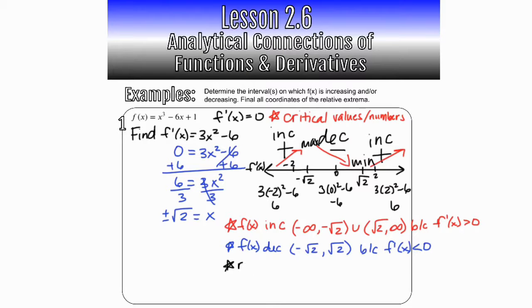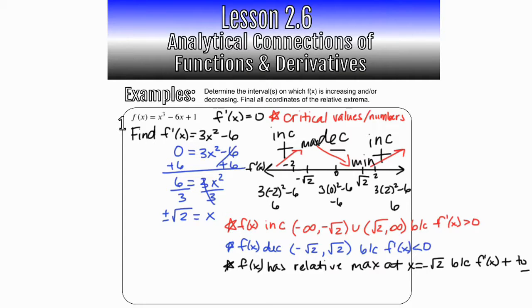Let's say f of x has a relative max at x equals negative square root of 2. And why is that? Well, that's because f prime of x goes from positive to negative.